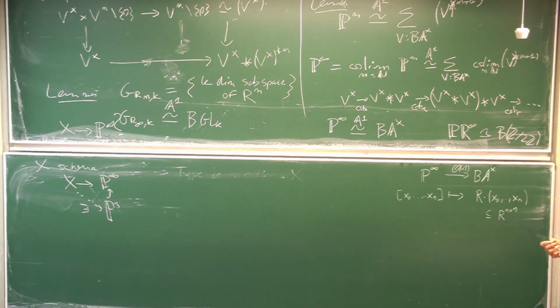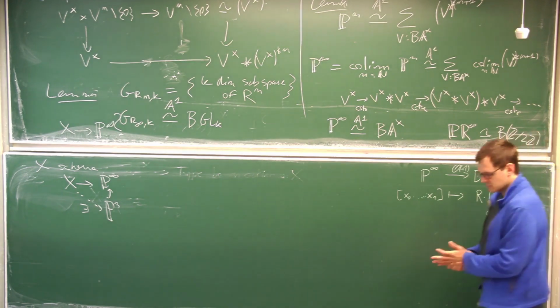There's an embedding, and the embedding is by adding zeros. The same is true here for the Grassmannian. When you have a k-dimensional subspace of Rn, you have to map it somehow to a k-dimensional subspace of R^(n+1) to get the inclusions between the Grassmannians, and you just extend by 0.